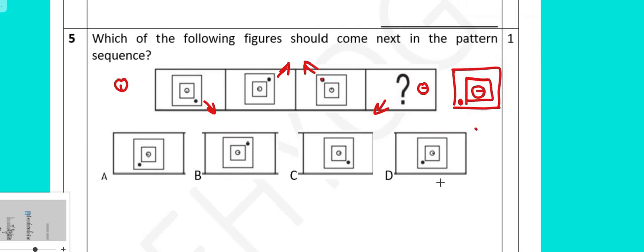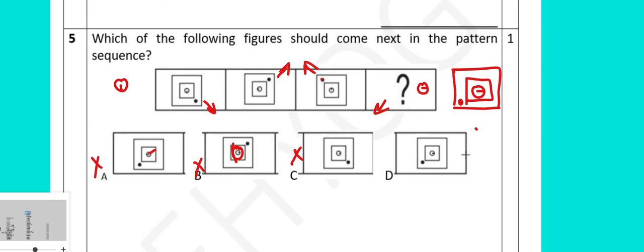So the only figure that looks like that is A. No, the direction of this is wrong, so we cannot have A as our answer. B, no, the circle is correct, but then the positioning of the dot is wrong. And in C, again the positioning of the circle and the line inside it is correct, but the dot is wrong.